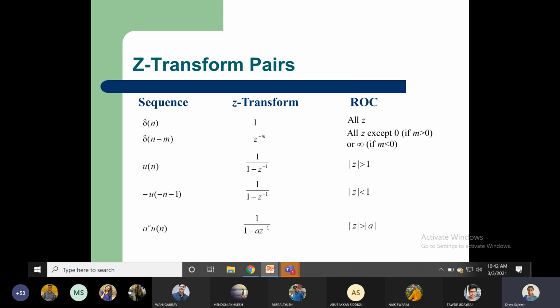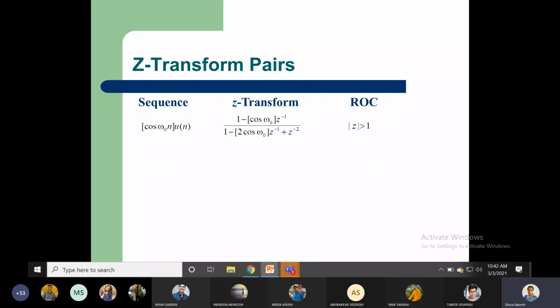Now for a raised to n u of n, it is 1 upon 1 minus a z inverse, where |z| is greater than |a|. And you can see minus a raised to n u of minus n minus 1: the Z transform is the same, 1 upon 1 minus a z inverse, but |z| less than |a| is the region of convergence.